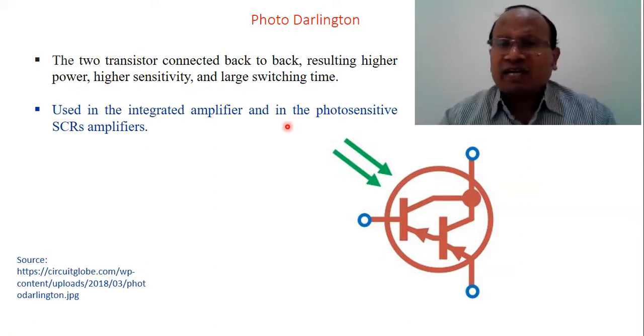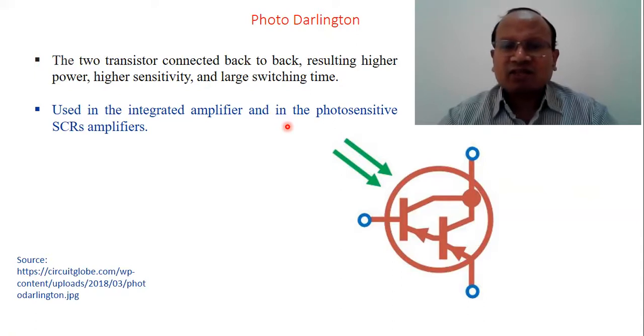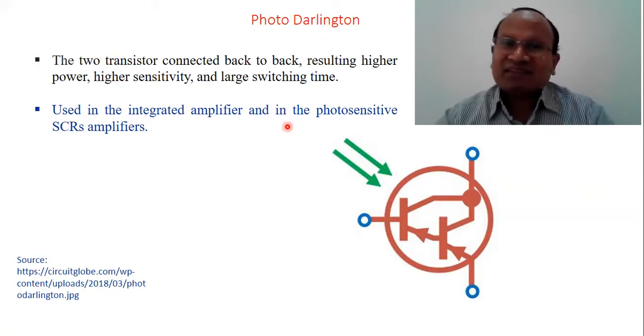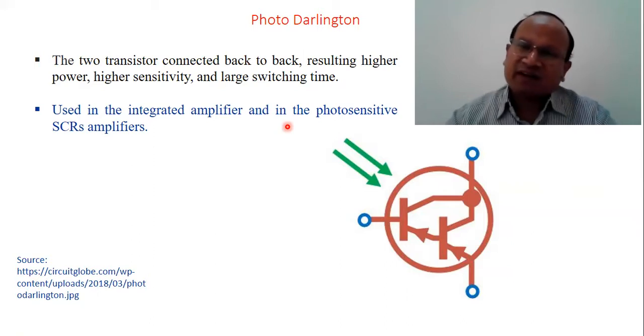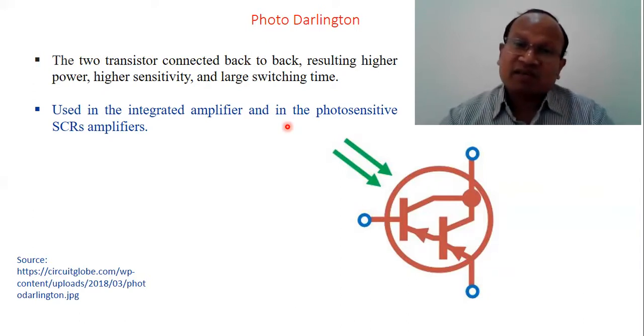If you remember the ordinary Darlington pair in a normal transistor, what is that? It's a cascade combination of two common collector amplifiers. One common collector amplifier has high current gain; if you connect two, the current gain increases still further. So that's a Darlington pair.